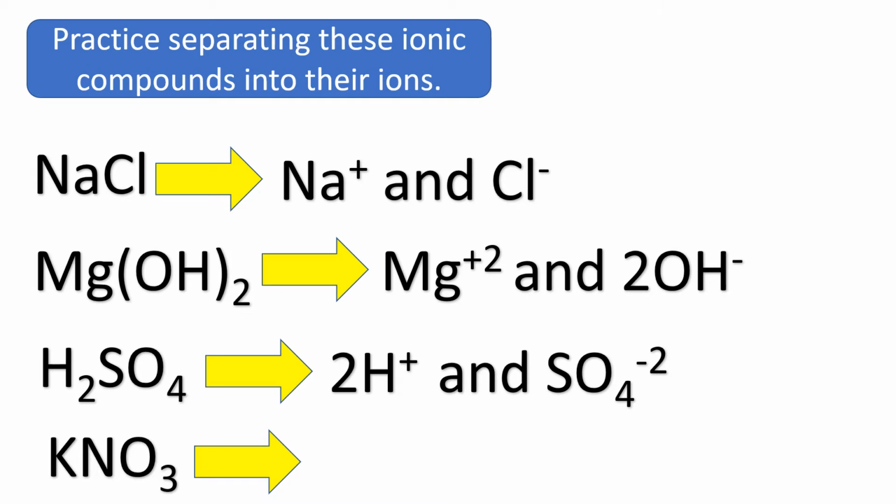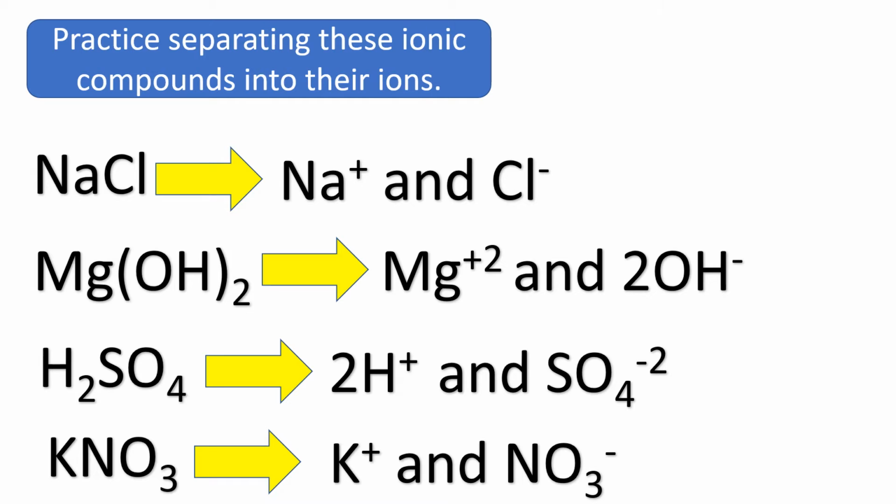Okay, this one here, potassium nitrate. What would that break down into? Hopefully you would get the K+ or plus 1 from group 1, and recognising that NO3 is polyatomic, it's a nitrate, it stays together, and it would have a charge of minus 1.